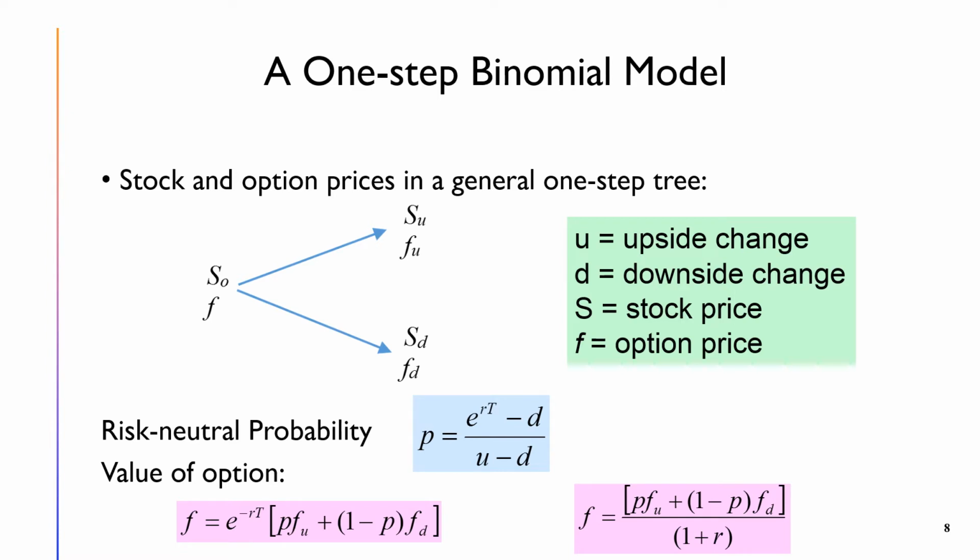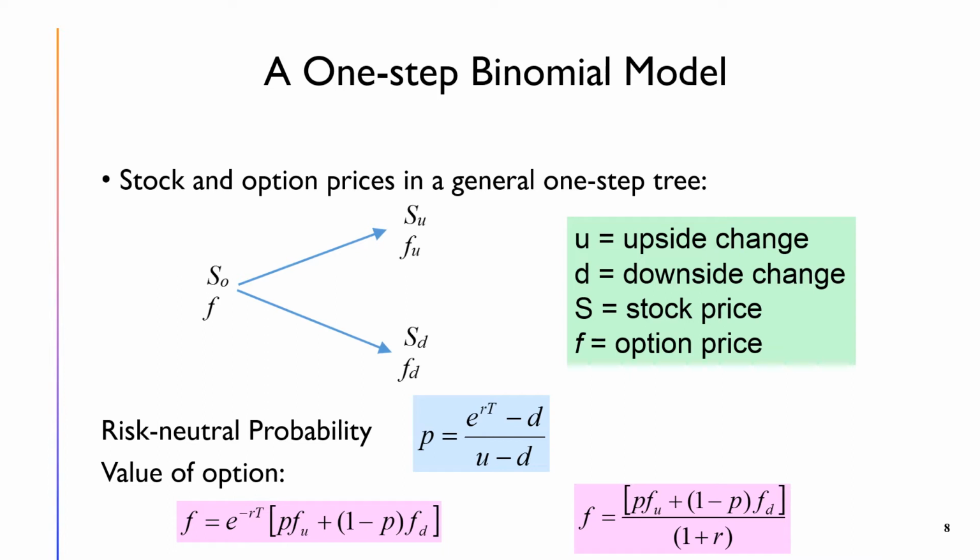There are two sets of formula listed for the calculation of option value F. Both formulas are highlighted in pink color. Why is that so? Do you know the difference between the two formulas for F? Well, the first formula on the bottom left of the slide is used with the assumption of continuous compounding. The expected value of the option in future is discounted with e power of negative RT.